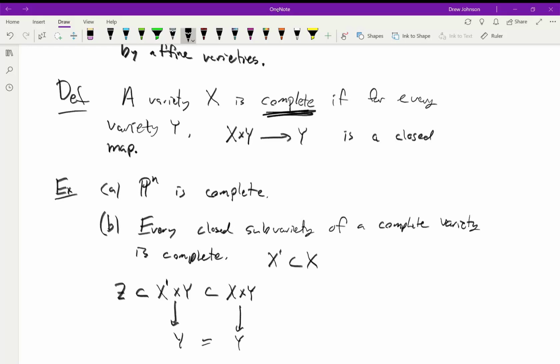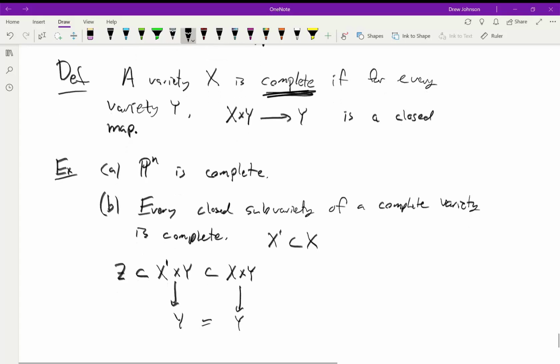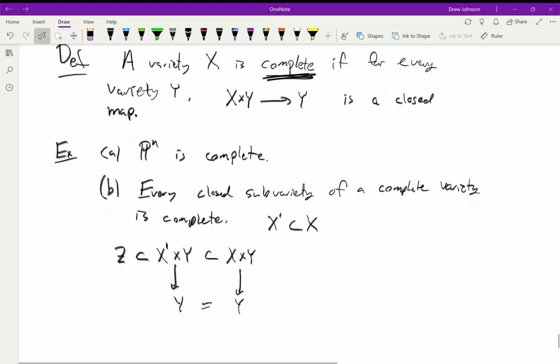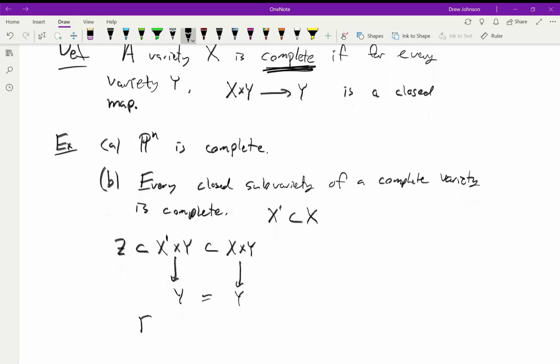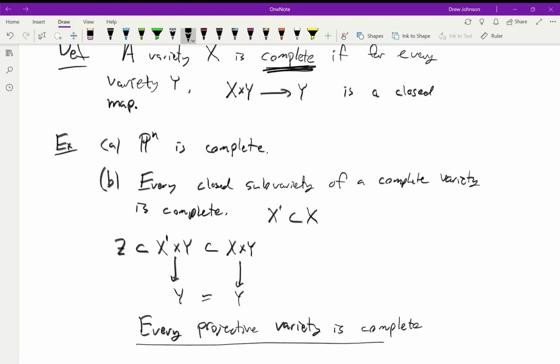So it'll be closed here too. Okay, so you can think about that. All right, but the corollary of part B here is that now every projective variety is complete. All right, so that was our goal.